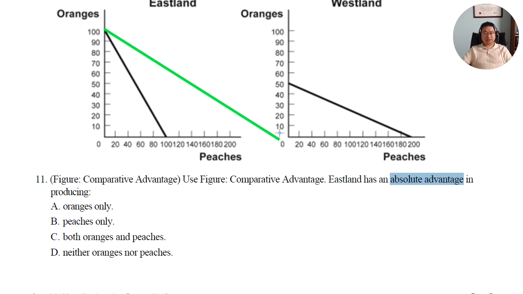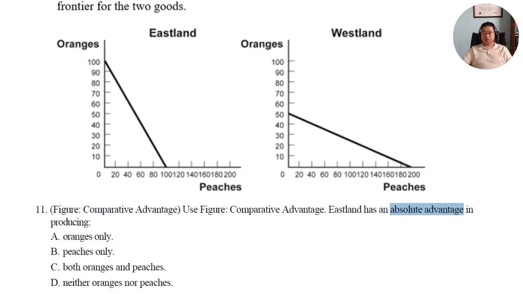I can set it that way. So Eastland has absolute advantage in both the orange production and the peach production.